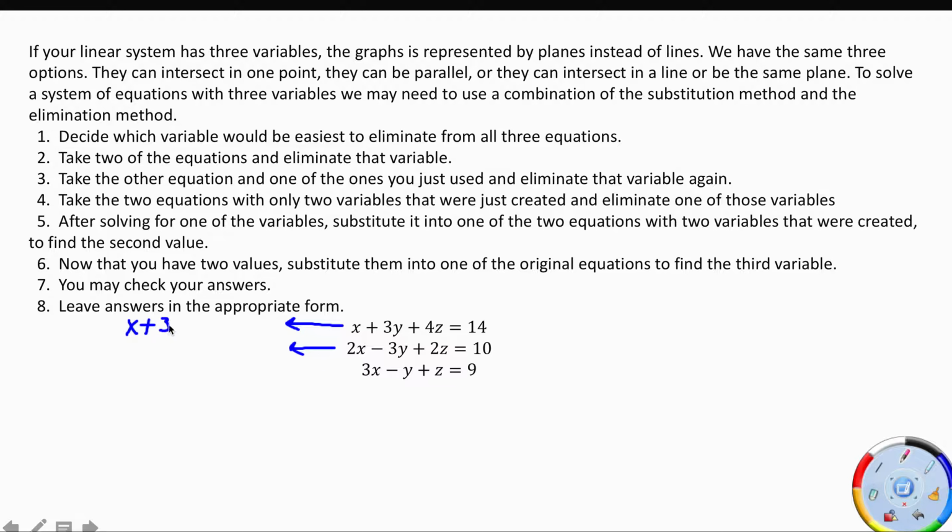So x plus 3y plus 4z equals 14. 2x minus 3y plus 2z equals 10, because when I add them together, these y's get eliminated, leaving me 3x plus 6z equals 24.